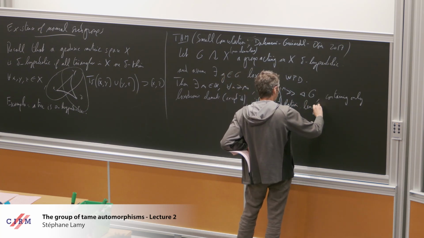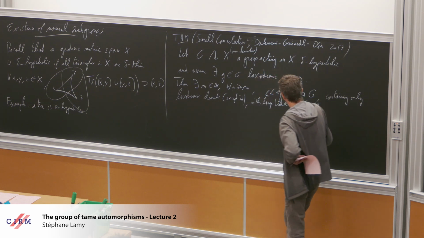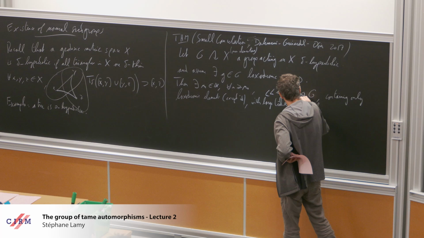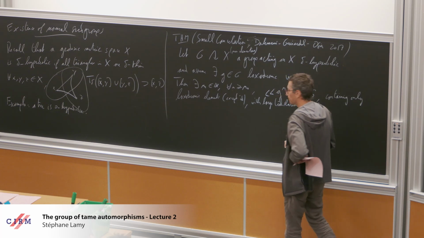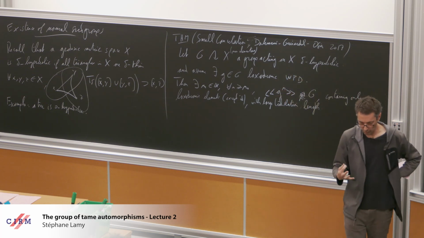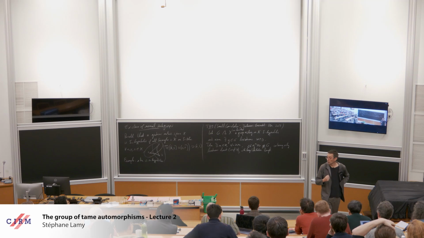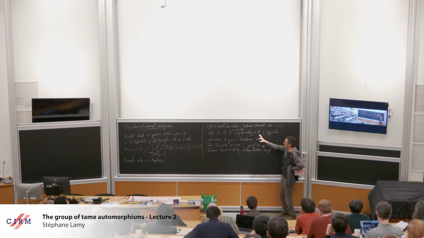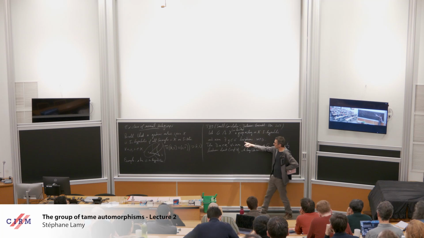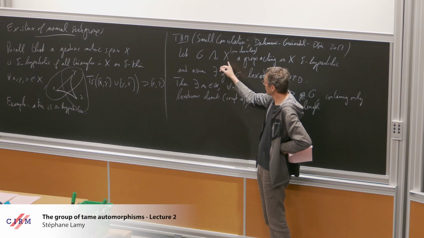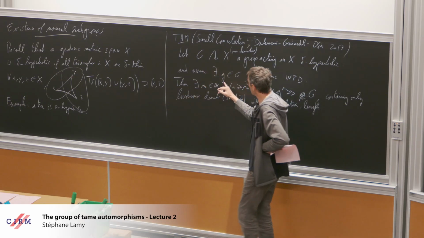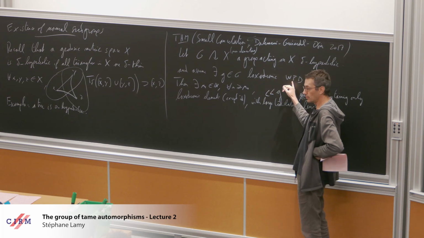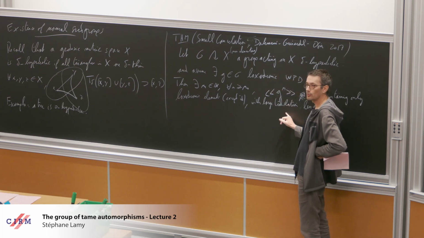In particular, the normal subgroup is not equal to G. So that's a way to produce some proper normal subgroups in your G. I'm going to use that as a black box: if I have an action on a delta hyperbolic space, for instance a tree, and I'm able to find a loxodromic isometry with this property I'm going to define, then I have a normal subgroup.